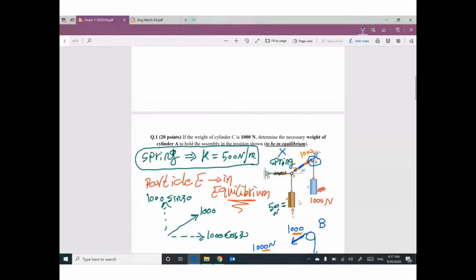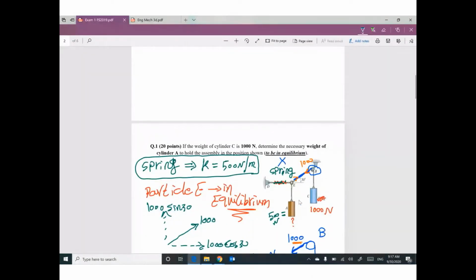What is in this problem? What is the elongation in this spring? You know, if you have a spring and you apply a force, this force will elongate this spring by delta.